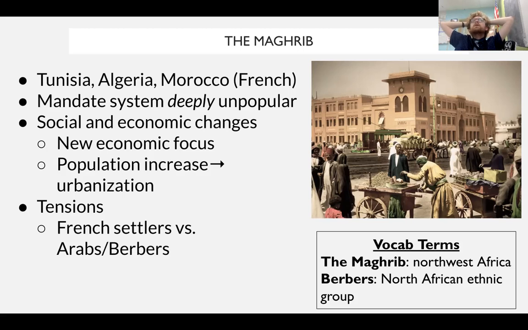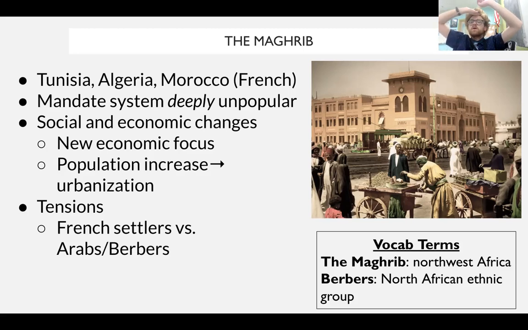The French have a continued military presence in Northwest Africa. We have French settlers seeking to cash in on the North African oil business. And we're also seeing the rise of French political presence by these French settlers in the governments of these colonies. So essentially, white settlers dominate major positions across North Africa.